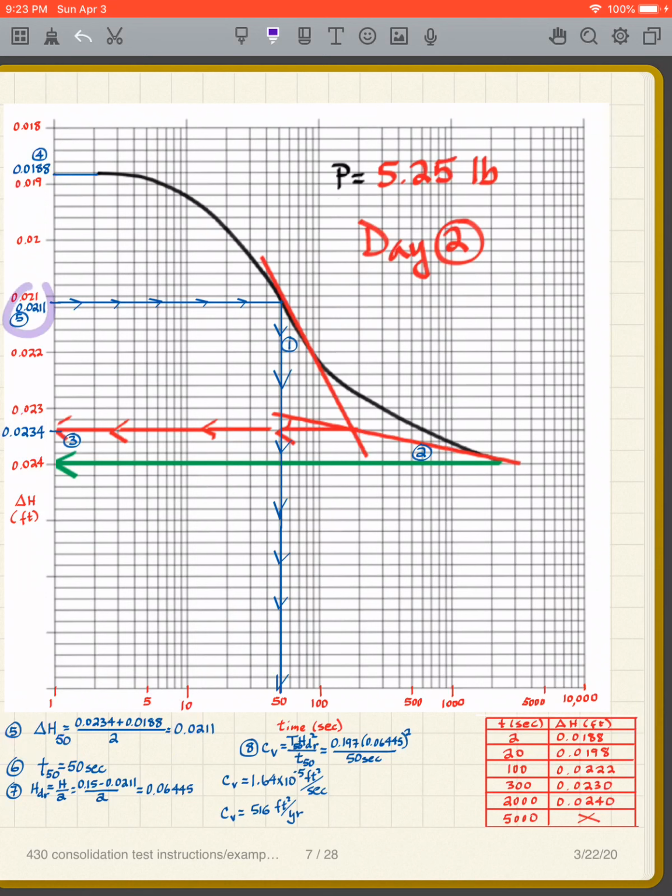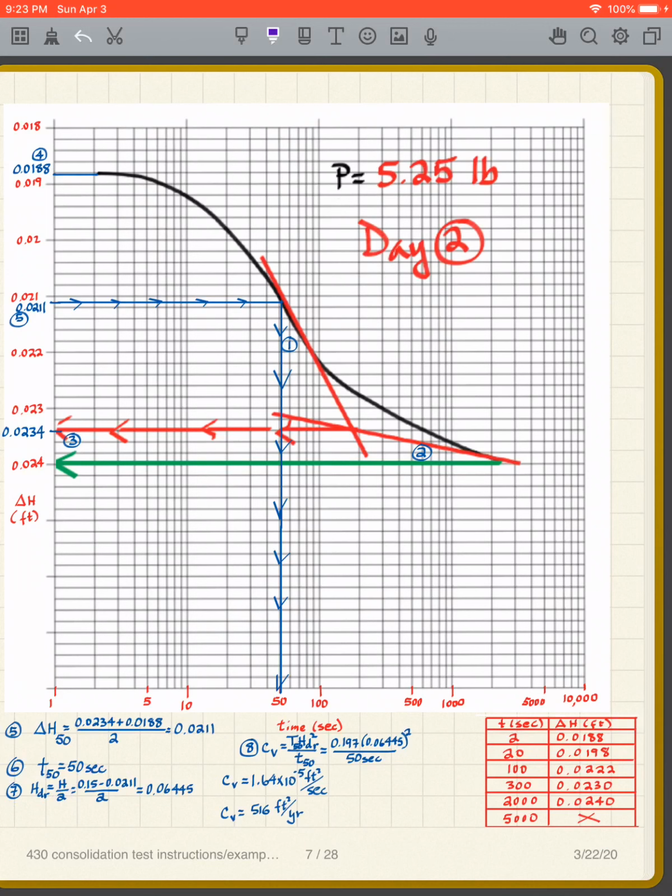I then come at that average, come over here, hit the curve, come down, I get my T50 is 50 seconds, that's step 6. Step 7, I subtract the 0.021 from my H naught, 0.15, that's the original height of the sample. I get my HDR by dividing that by 2 for double drainage.